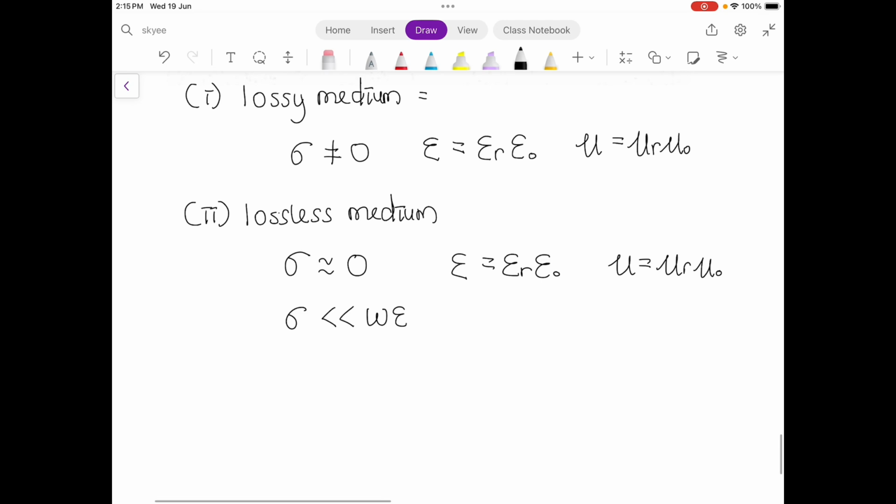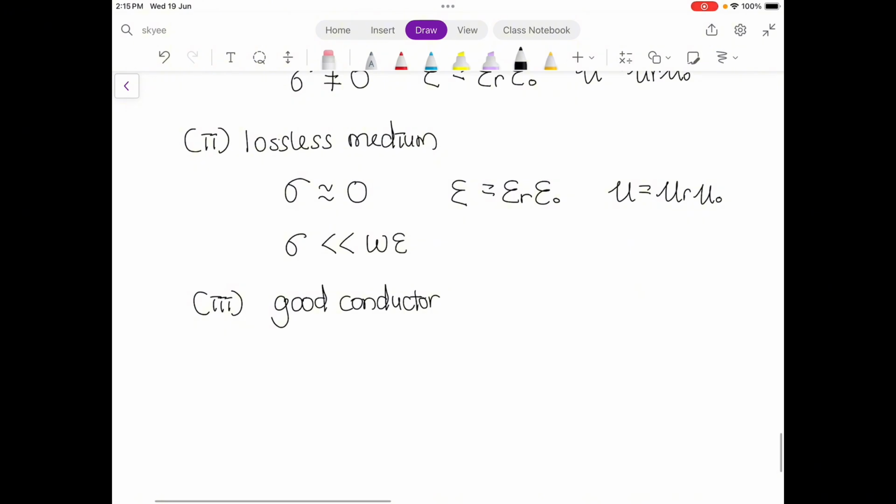Then we have a good conductor. For a good conductor, the conductivity will be very, very high, approximately infinity.